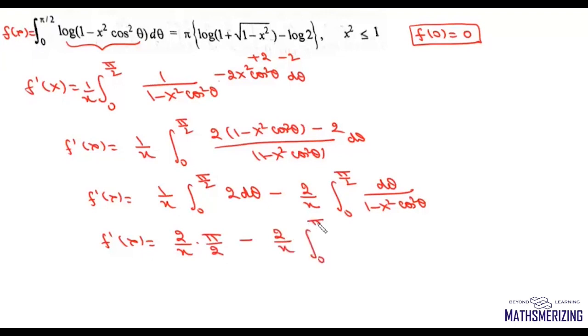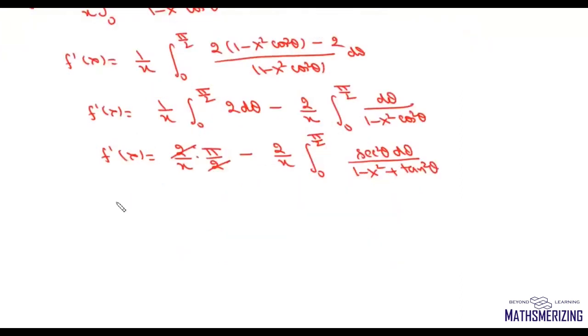and then minus 2 by x integral from 0 to pi by 2, and again for this we'll divide everything with cos square theta. So in the numerator we'll have secant square theta d theta upon, now this is secant square theta minus x square, and secant square theta is 1 plus tan square theta. So we can write this as 1 minus x square plus tan square theta. Now here 2 and 2 will cancel.